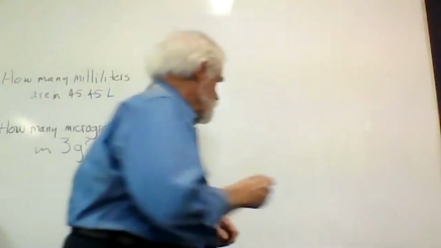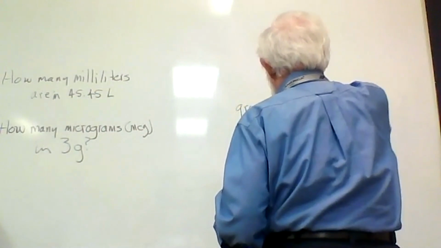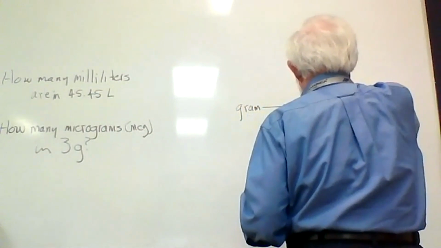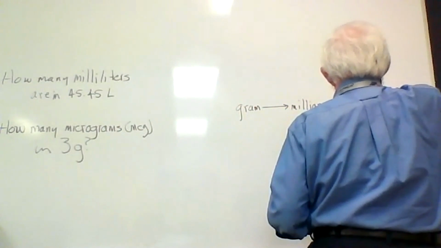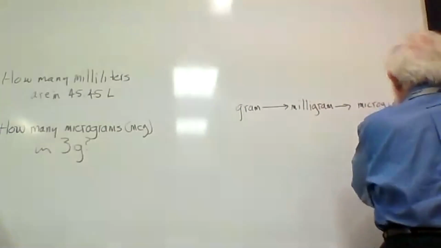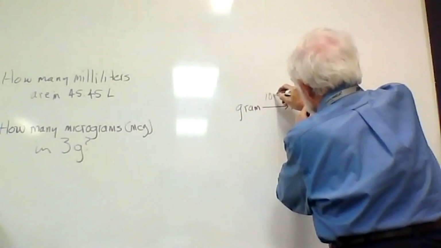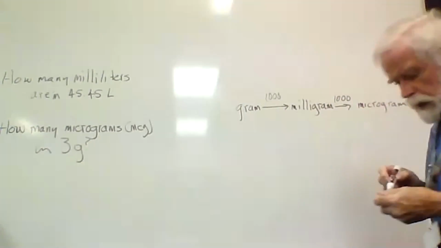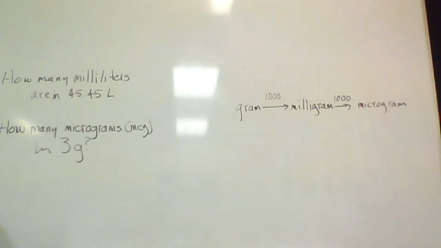Now remember our rubric. We had gram, milligram, microgram. And the factor, the multiplier, is above the arrow. You multiply by the factors above each arrow.